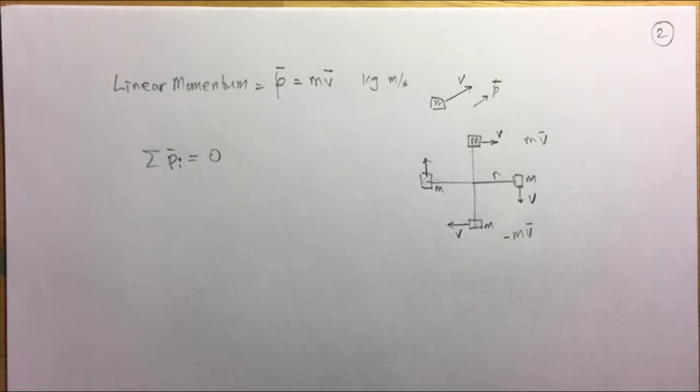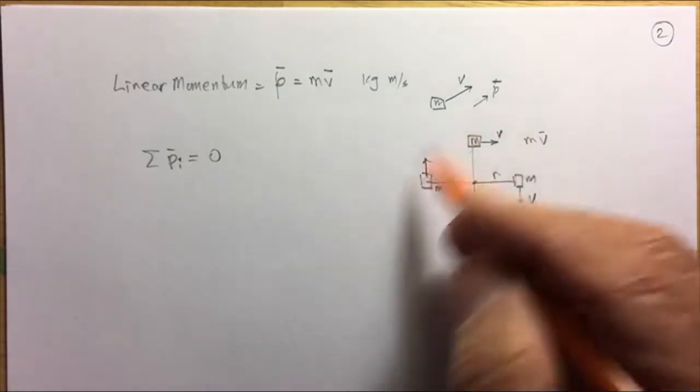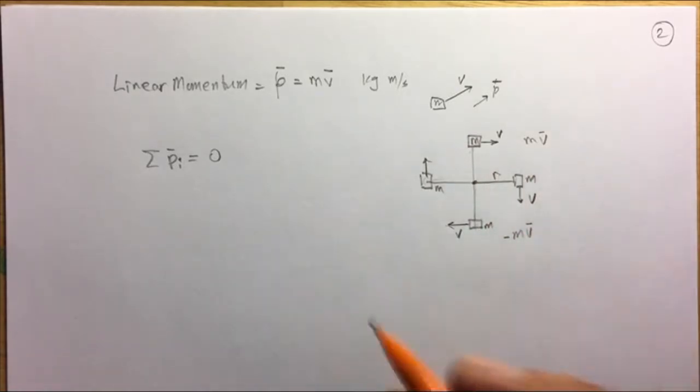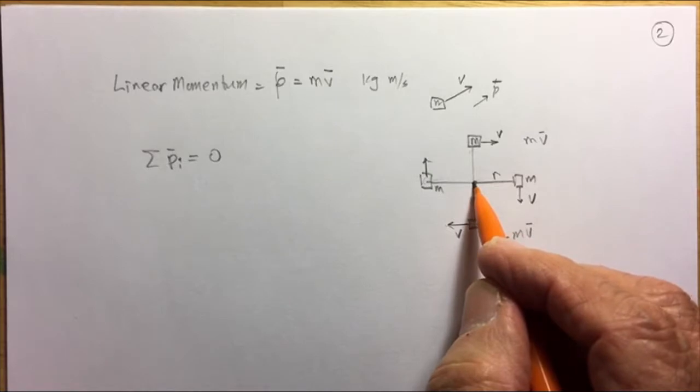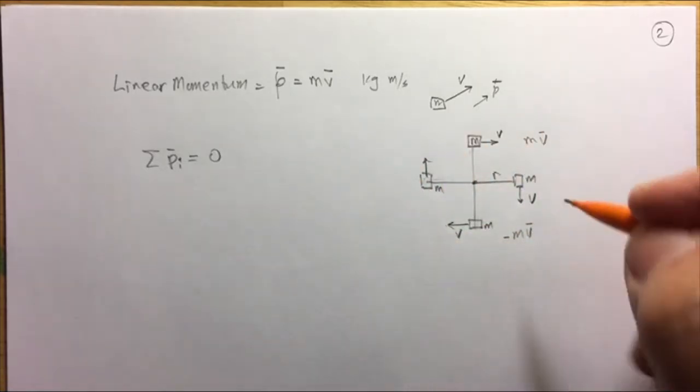And that's okay because the center of mass is not going anywhere, they're just spinning. If the center of mass were moving, it would have a linear momentum. The center of mass is stationary for the whole system, and therefore the linear momentum is zero.